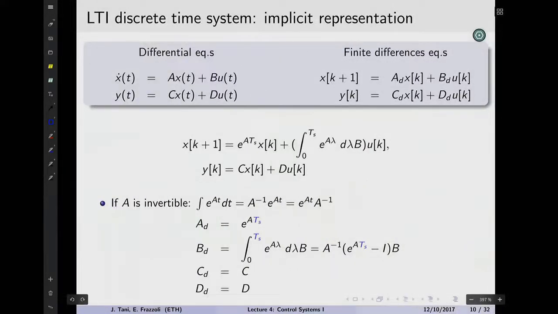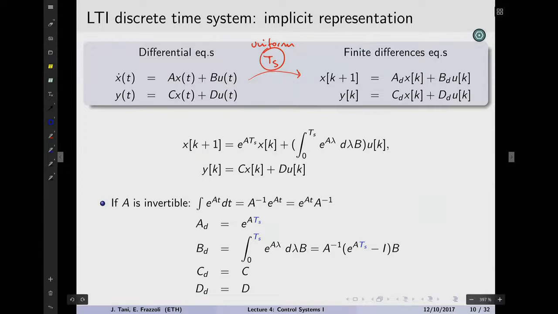So here we go. What's the point? This is the summary slide. We can go from continuous time representation to discrete time representation, assuming a uniform sampling period Ts and sample and hold, which means keeping u constant between two consecutive sampling instants.